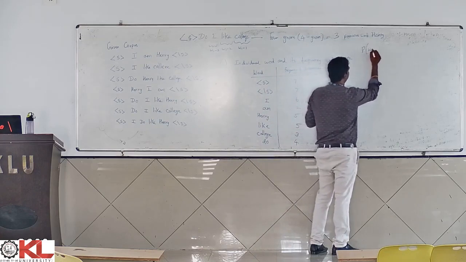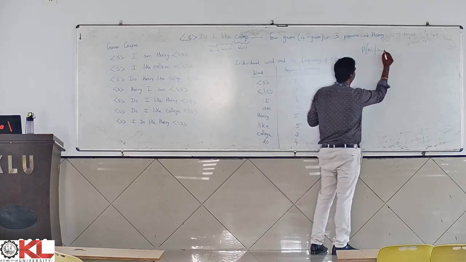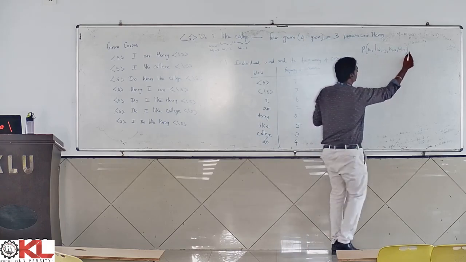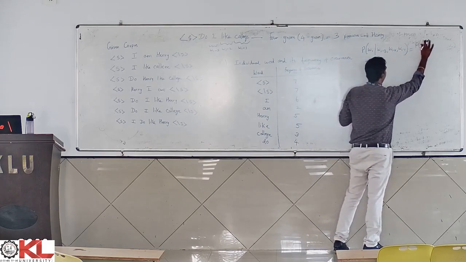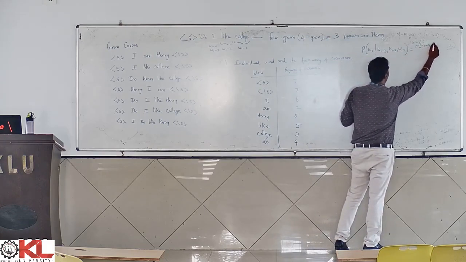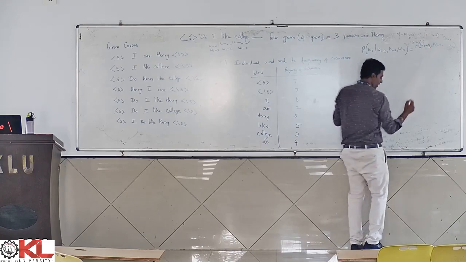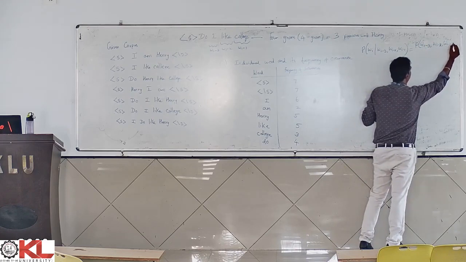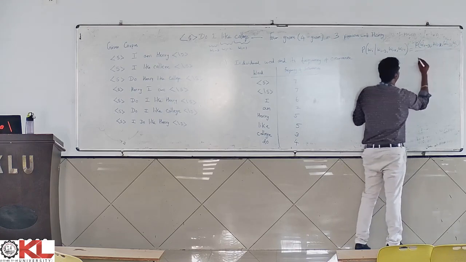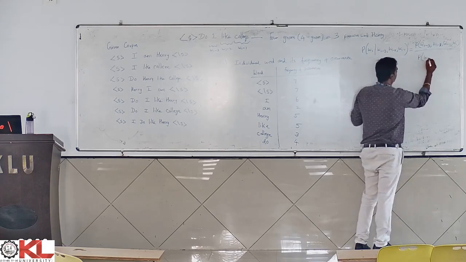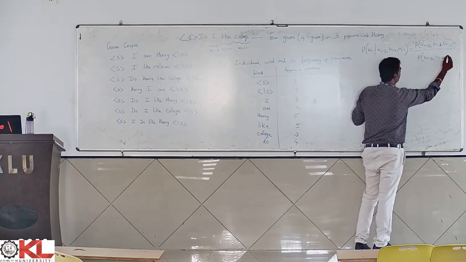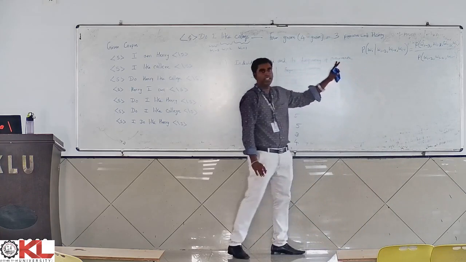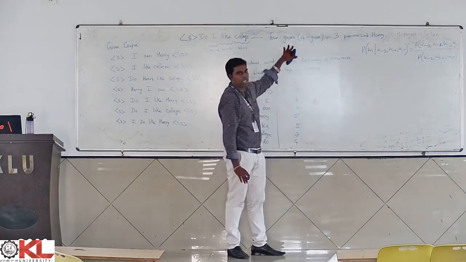The probability of W of i, given the three previous words W of i minus 3, W of i minus 2 and W of i minus 1, is equal to the probability of occurrence of W of i minus 3, W of i minus 2, W of i minus 1, W of i, divided by the probability of occurrence of W of i minus 3, W of i minus 2, W of i minus 1. This is the formula I have rewritten as per the four-gram model.